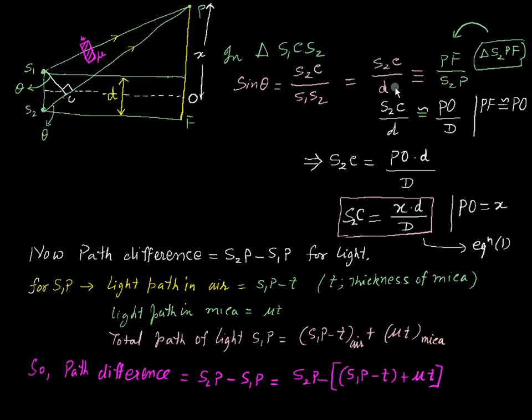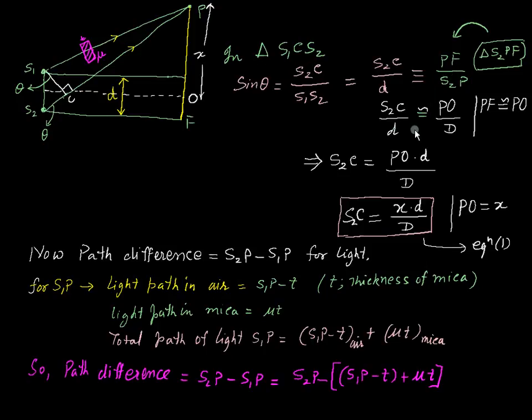And from the bigger triangle S2PF, this angle is theta, so sin theta will be equal to PF upon S2P. By the triangle's property, this will be the same, so we put S2C upon d equivalent to this ratio.